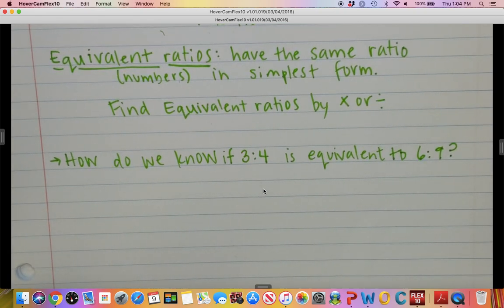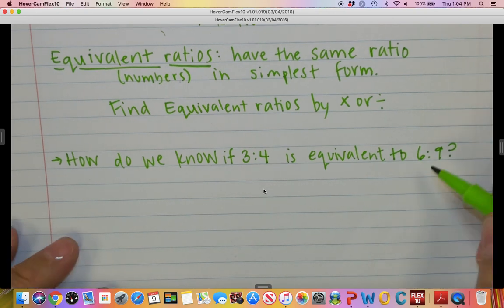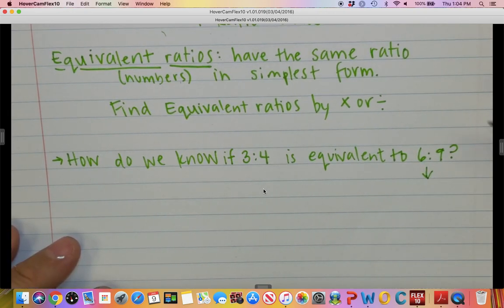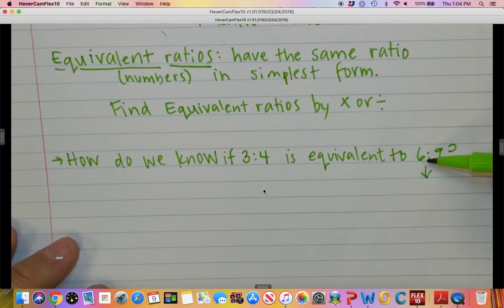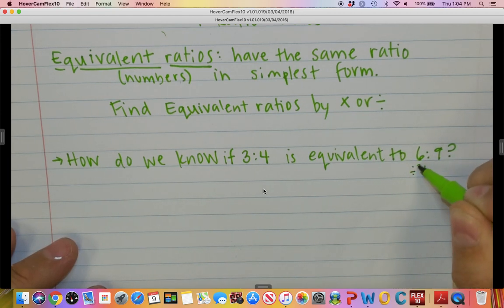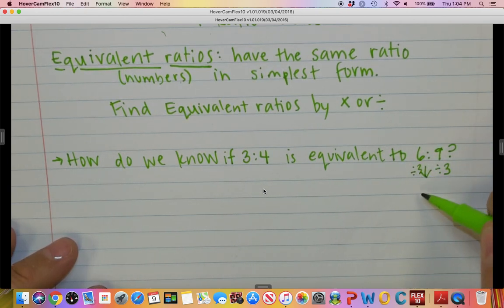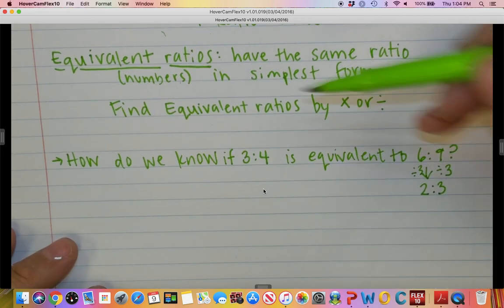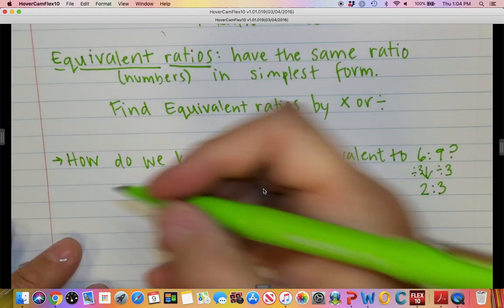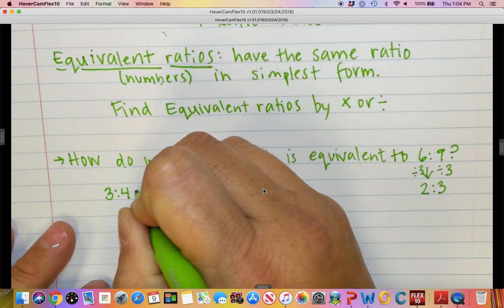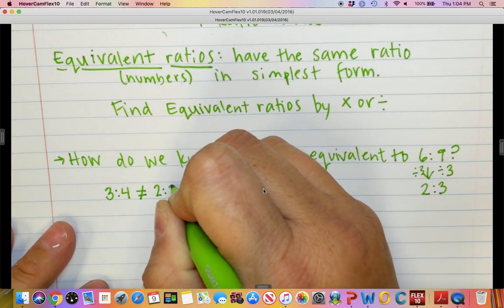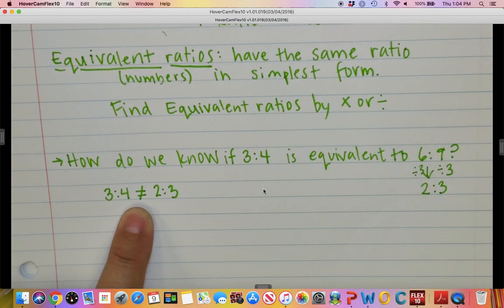It's just like what we do with fractions. I turn this into simplest form. I find a factor that goes into both 6 and 9. So I'm going to divide both 6 and 9 by 3 because I know 3 goes into both those numbers. So 6 divided by 3 is 2, and 9 divided by 3 is 3. So 3 to 4 is not equivalent. And here you have our not equivalent sign.